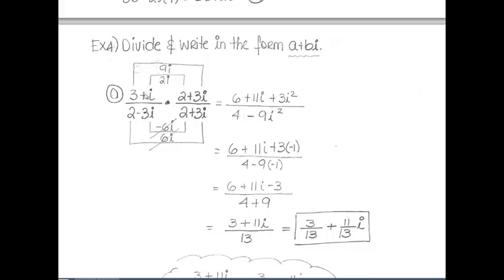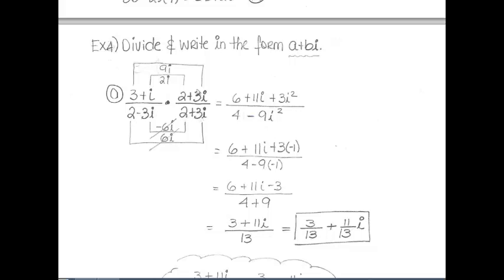What I'm going to do is, we want to write in this format, so that means we don't want any i's in the denominator. So what we're going to do is multiply this fraction by the conjugate. Remember conjugate? It has the different sign. So it's basically the same binomial but with different signs.